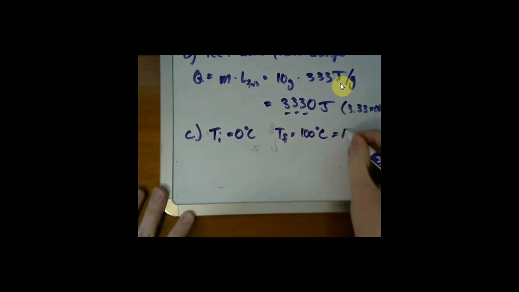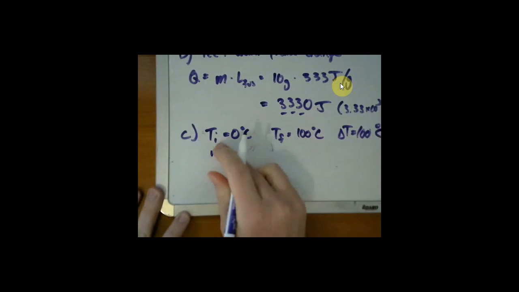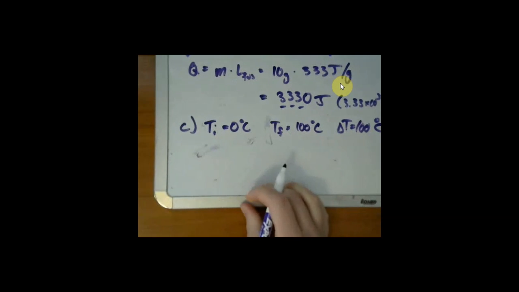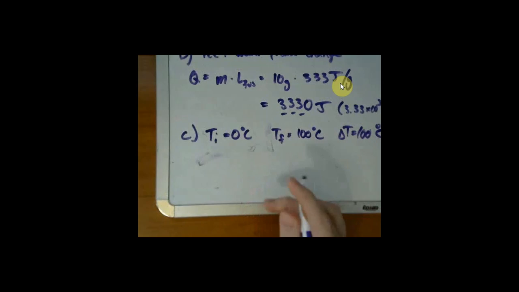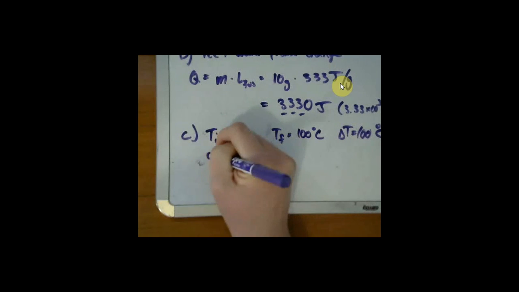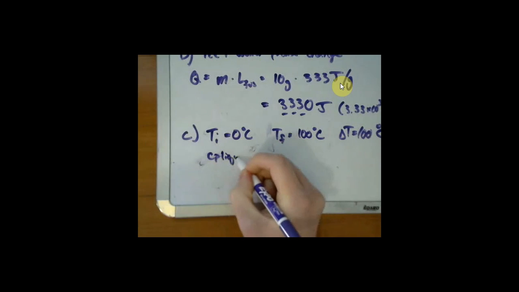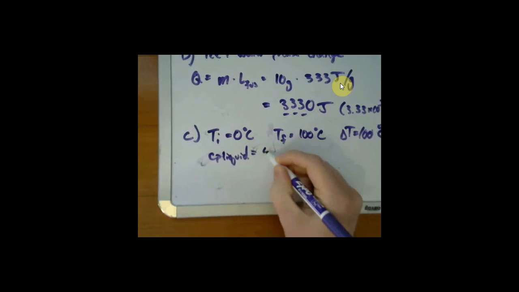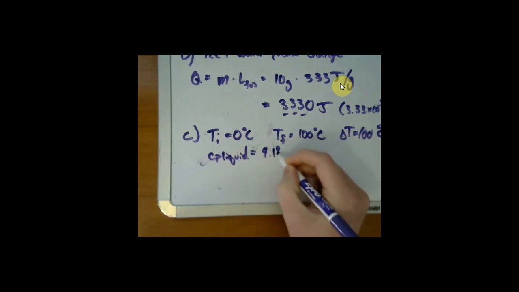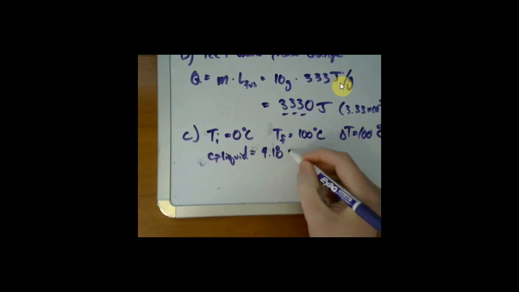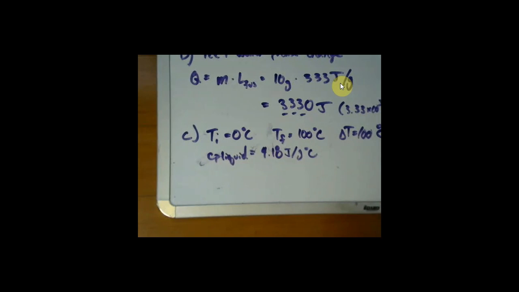And so we have a delta T of 100 degrees C. Okay, our mass, again, is going to be 10 grams. And now we're going to use our specific heat of liquid water. Again, you're going to be using this a lot, 4.18 joules per gram degrees C.